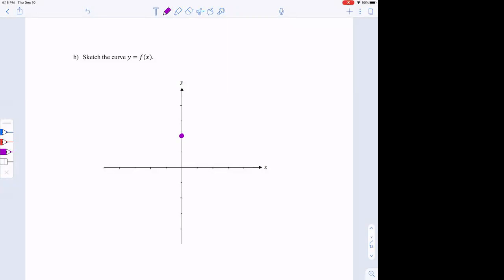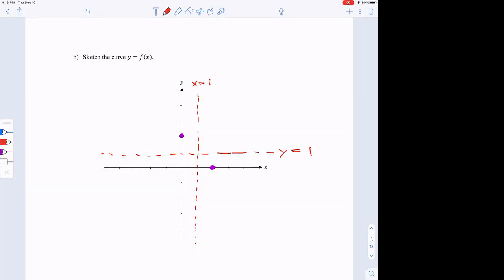And we have an x-intercept at 1, or no, that one was at 2 as well, 2, yeah. And we have asymptotes at 1, so there's asymptotes at both x equal to 1 and y equal to 1.